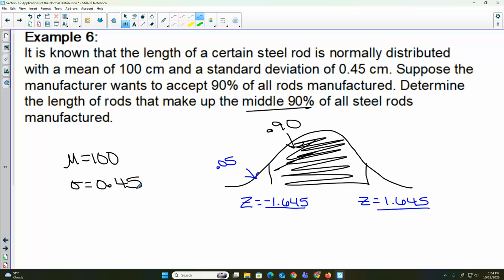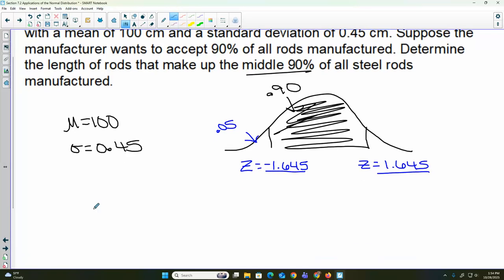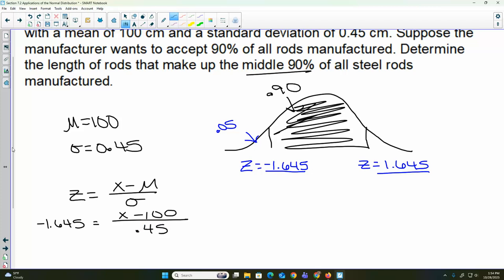But what did I ask you to find? I want the actual lengths. So for each of those, we know z is x minus the mean divided by the standard deviation. So when my z is negative 1.645, we don't know x, the mean is 100, divided by 0.45.